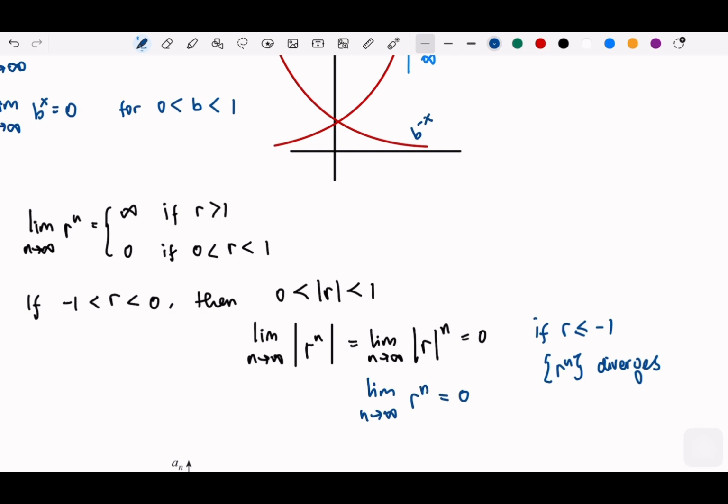And I forgot here, we can write first to check every case: when r equals 1, this is 1, and when r is 0, this is 0.